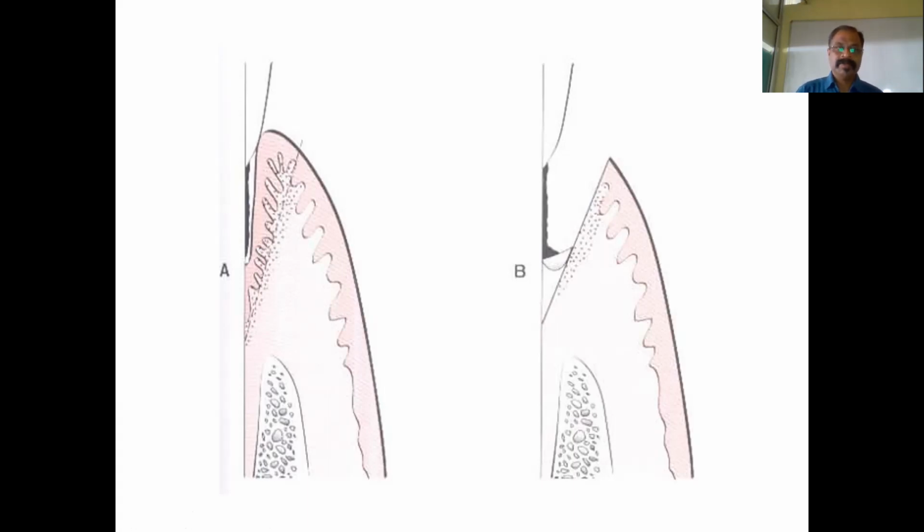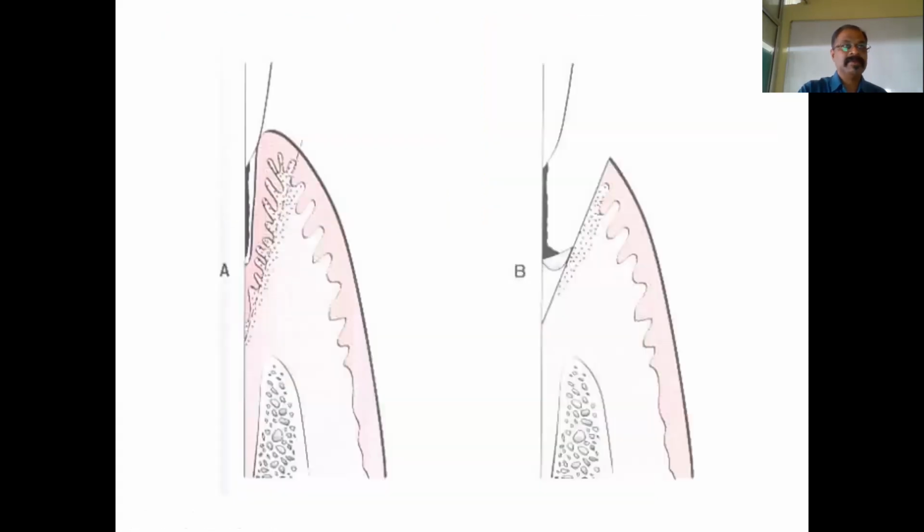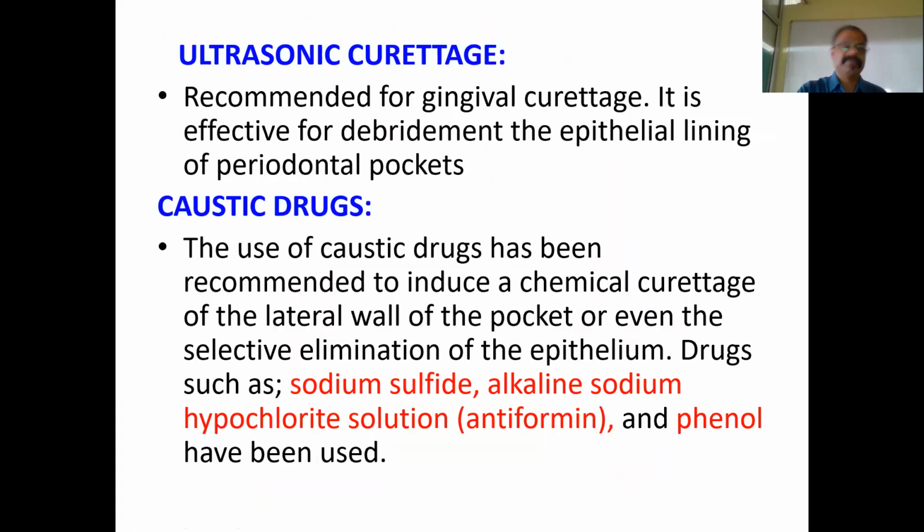But here you excise this entire pocket lining, making sure that you get accessibility and visibility to your root surface for a thorough debridement of the root surface area. Once you've done that, you irrigate and then approximate both of these tissues by placing sutures. This is what is called the excisional new attachment procedure.